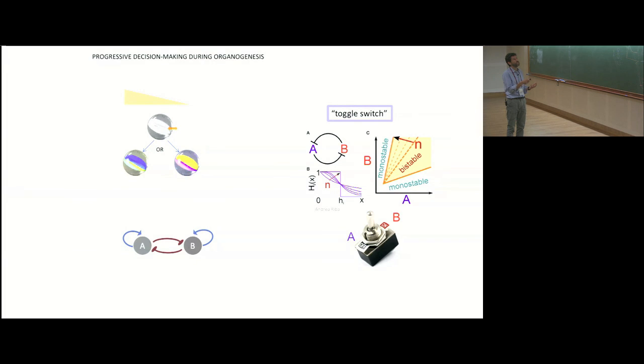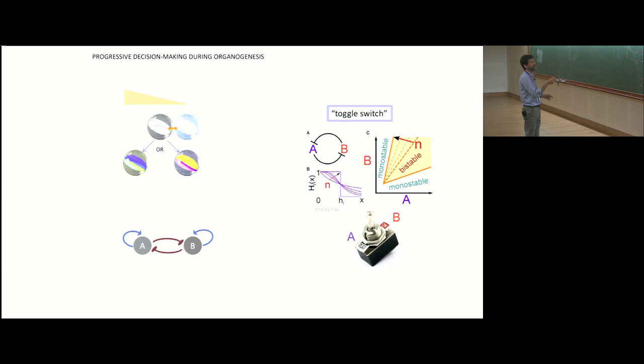If this cell is exposed to a signaling molecule, this signaling molecule might bias this decision, making this reaction stronger than this reaction, and then therefore this cell will be A and not B. So even though cells have the possibility of being A or B, they get distributed. So A will be on one side and B will be on the other side. Right? And this is sometimes achieved just because they're exposed to some signals.